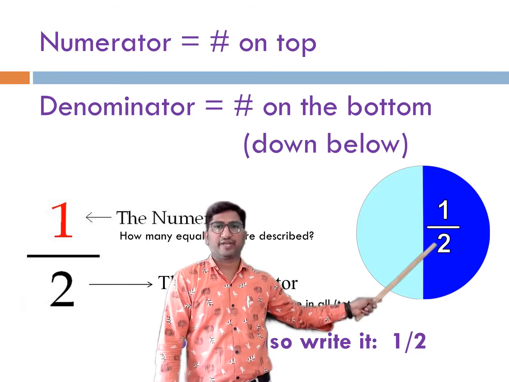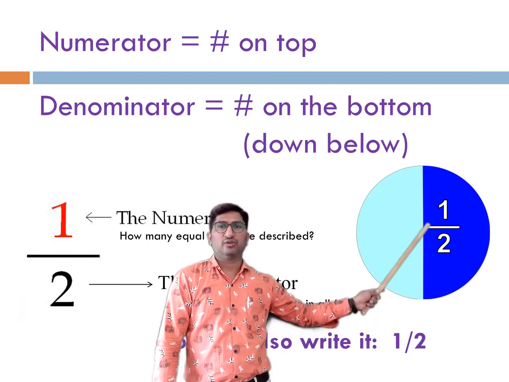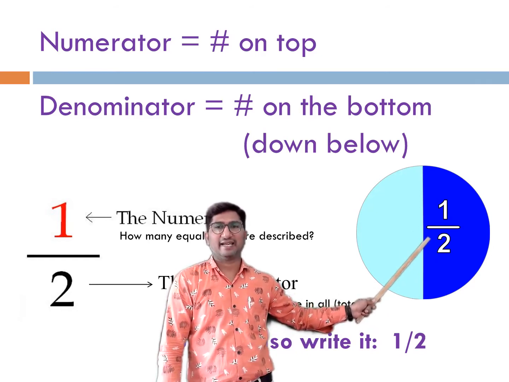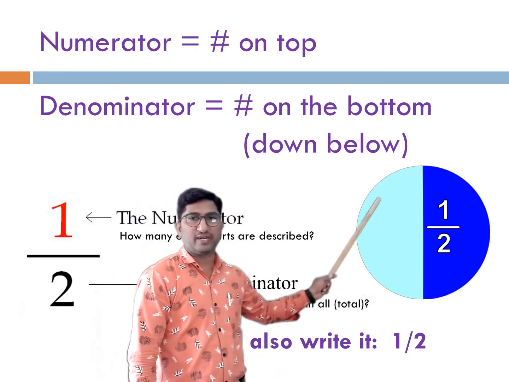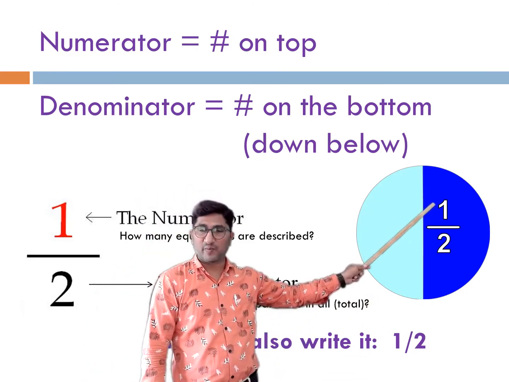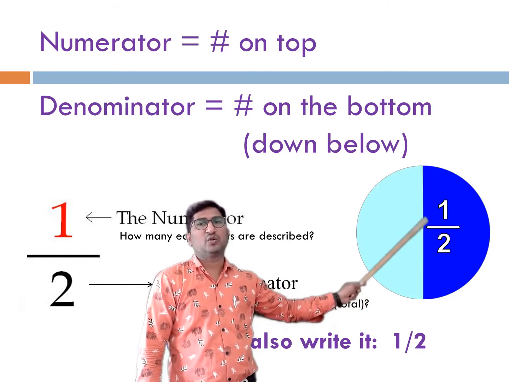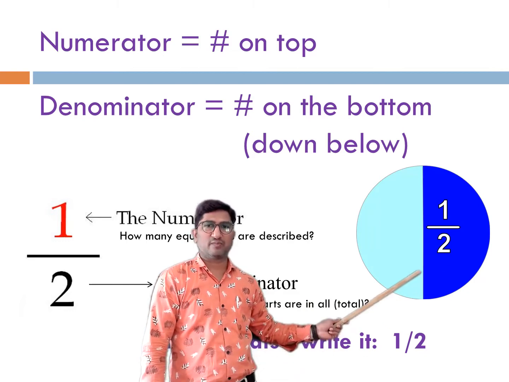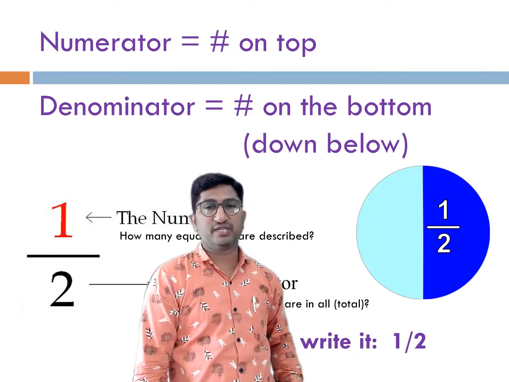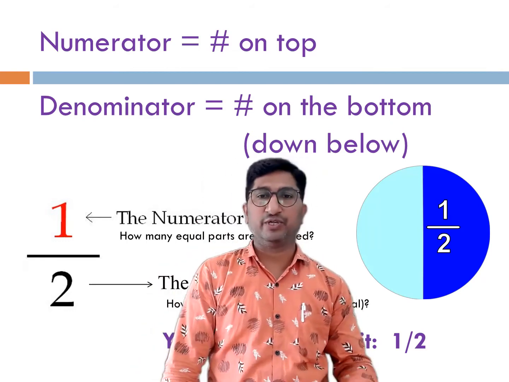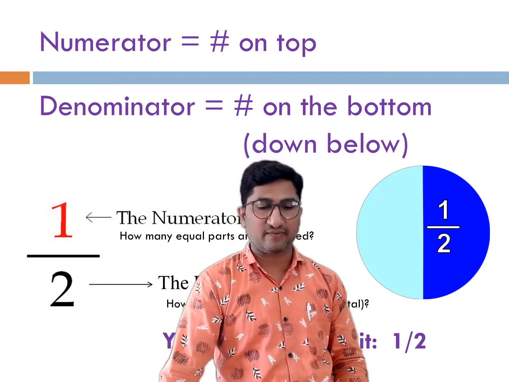Easily you can say half of the circle, 1 upon 2, is colored in blue. So this is the way to show fractions. Here 1 means how many parts are colored, and the 2, that is the denominator, means the total number of parts. 2 is the total number of parts and 1 is the number of parts we have chosen, we have described, we have consumed, we have used. This is the way to describe and write the fractions.